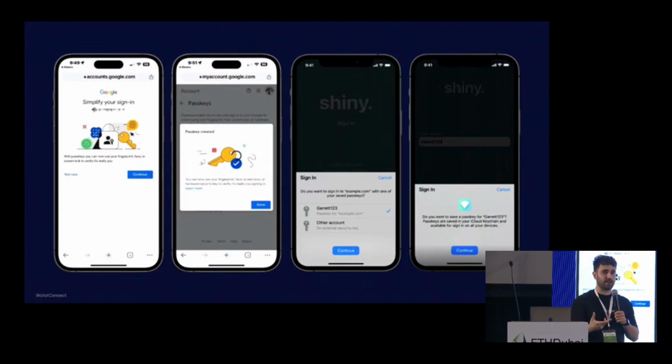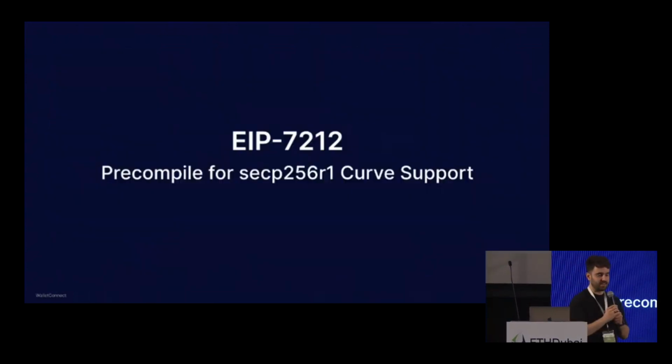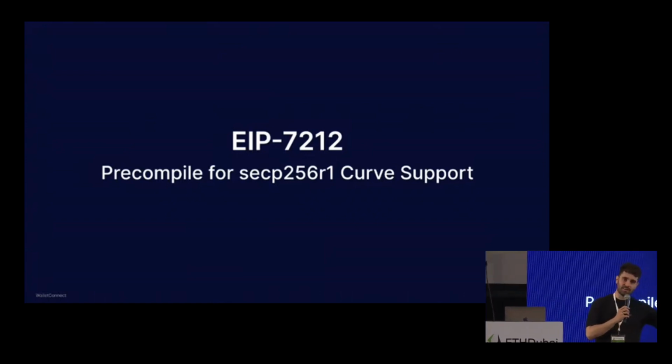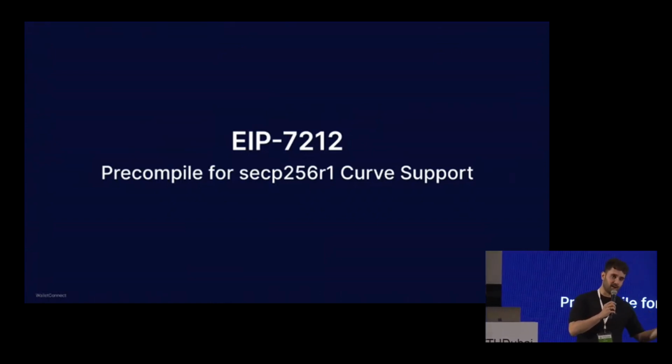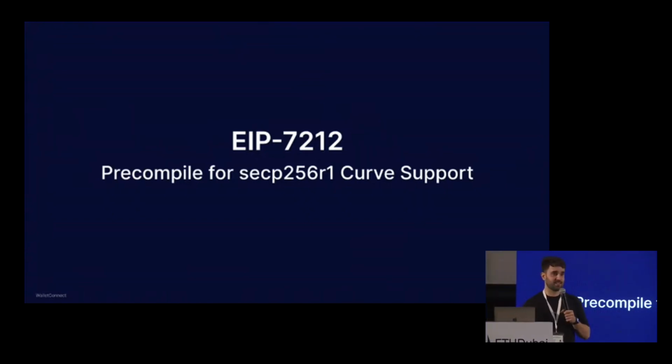So how can we have Ethereum also leverage this? And this would be the standard that makes it really possible. You will notice there's a small difference here because Ethereum uses secp256k1 and passkeys use secp256r1. It's a small difference, but it's big enough for us to have a different cryptography from the passkeys.